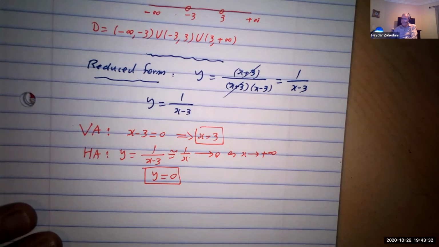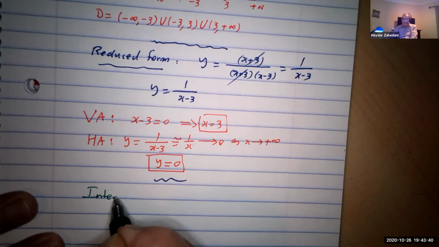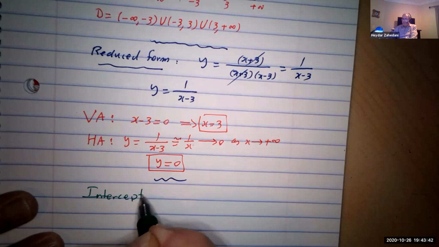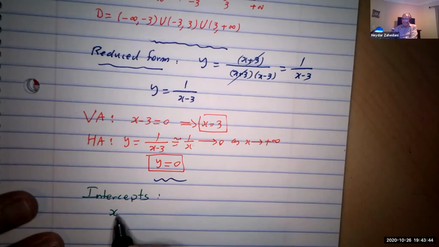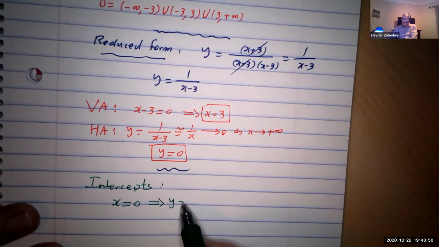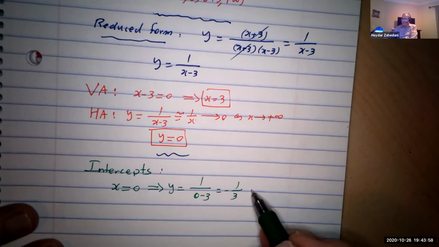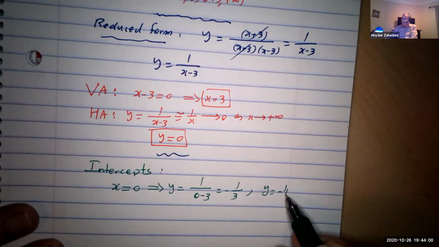Next, of course, intercepts. You let x equal to 0. But remember here, x equal to 0, y would be what? 1 over 0 minus 3, which is negative 1/3. So y would be negative 1/3.